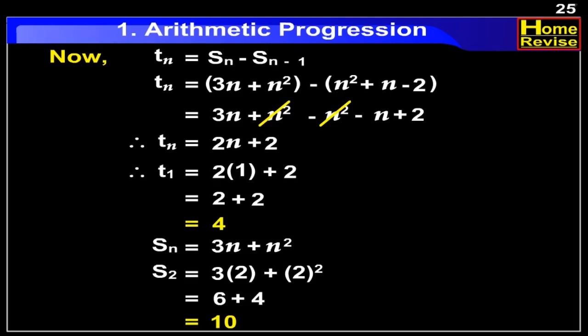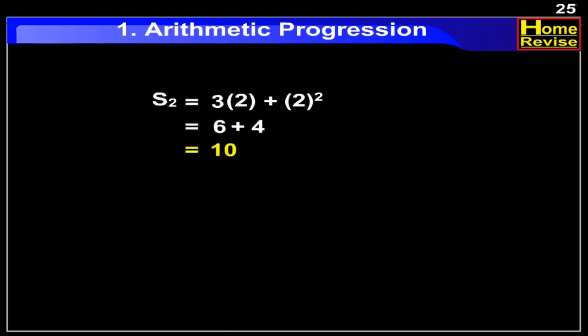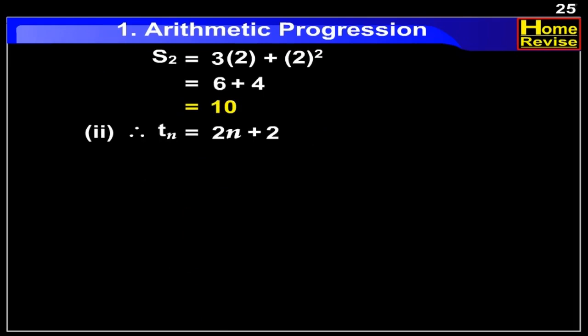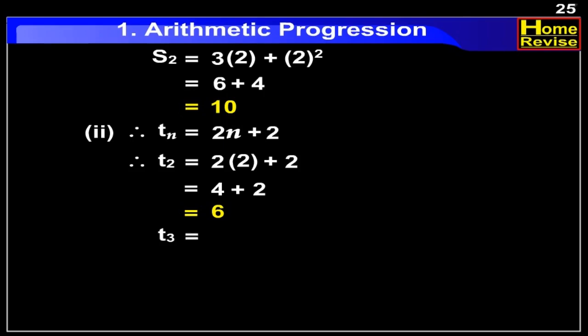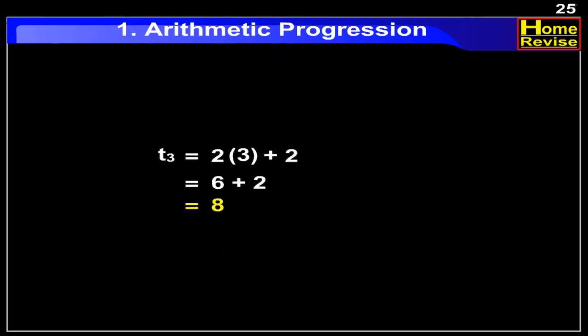Now, to find second, third and 15th term, consider Tn is equal to 2n plus 2. Therefore, T2 is equal to 2 into 2 plus 2, which is equal to 4 plus 2, which is equal to 6. Similarly, T3 is equal to 2 into 3 plus 2, which is equal to 6 plus 2, which is equal to 8.